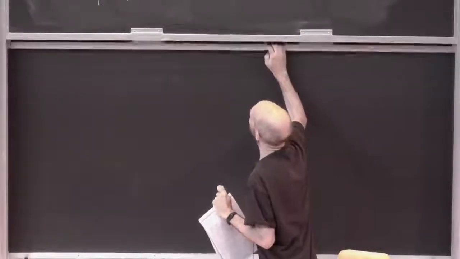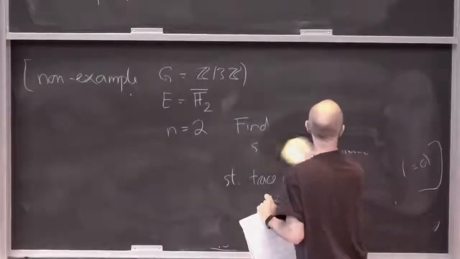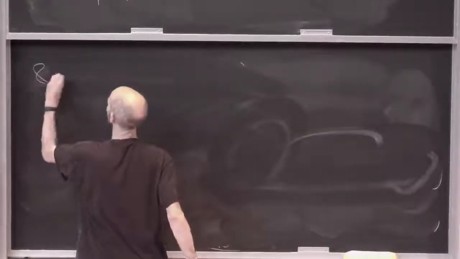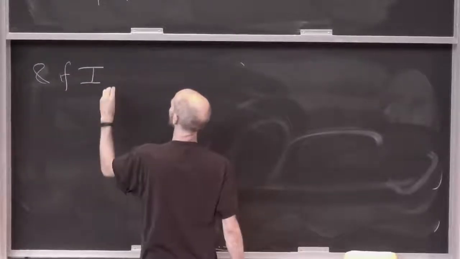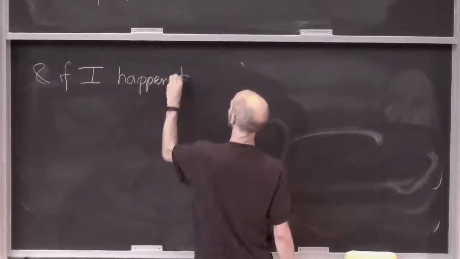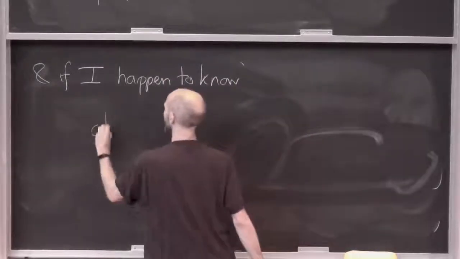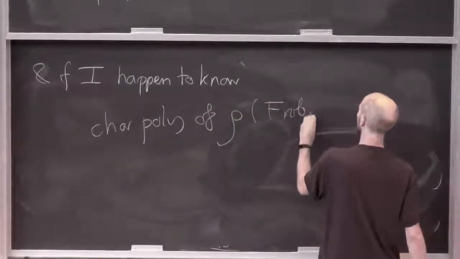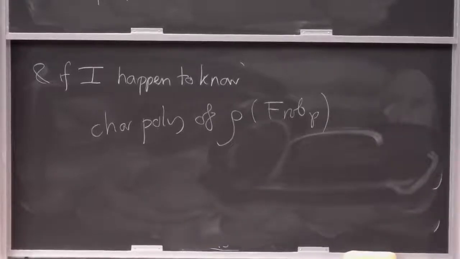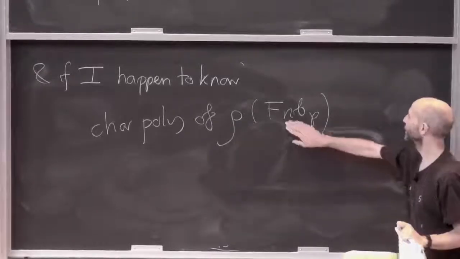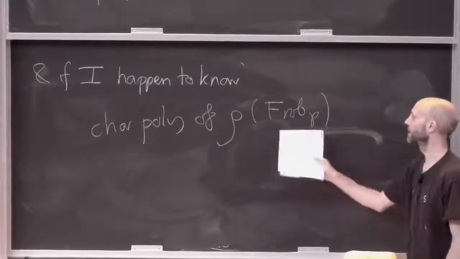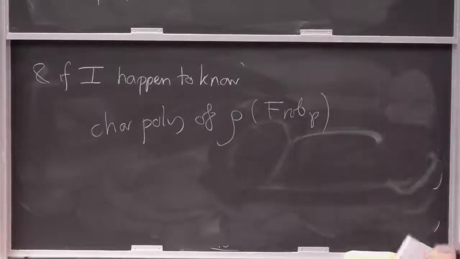If I've got a continuous semi-simple representation, and if I happen to know the characteristic polynomial of rho of Frob P. So Frob P is a subset of Gal(k^s/k), and rho of Frob P is, if you like, a collection of matrices.